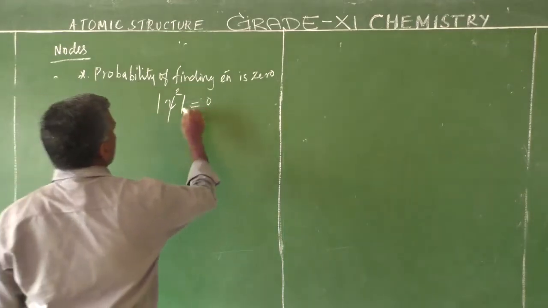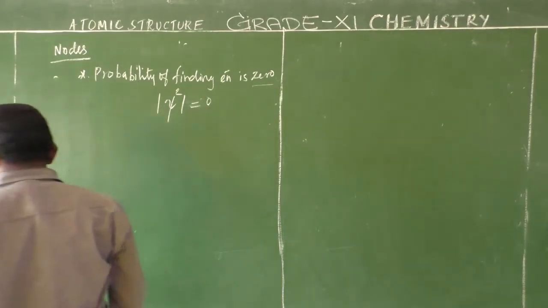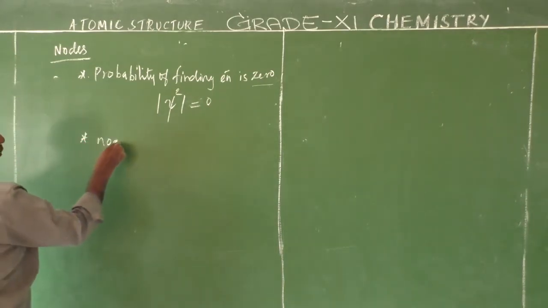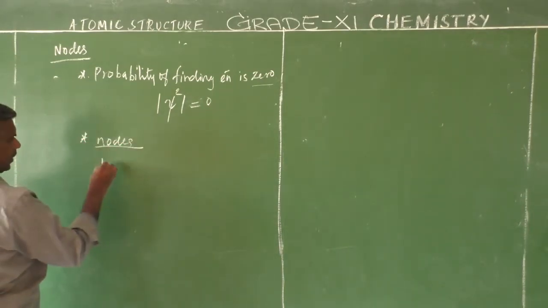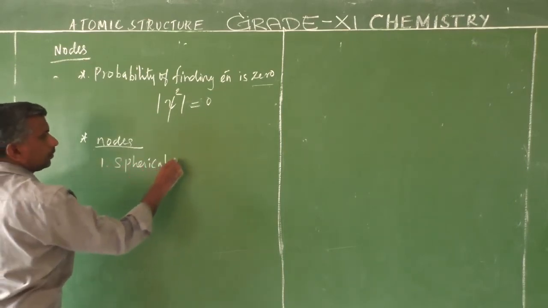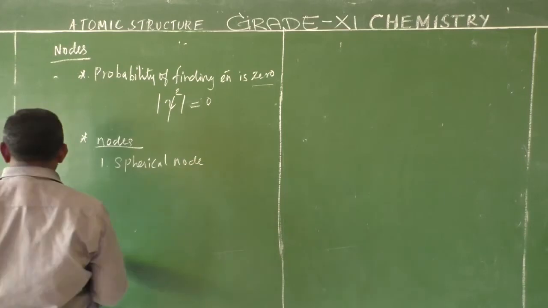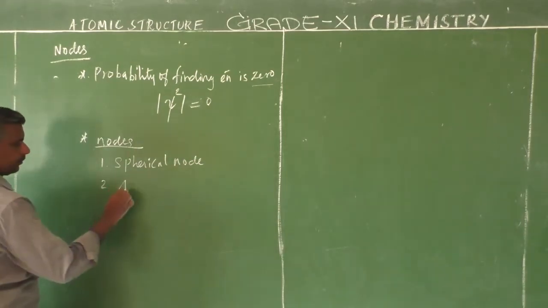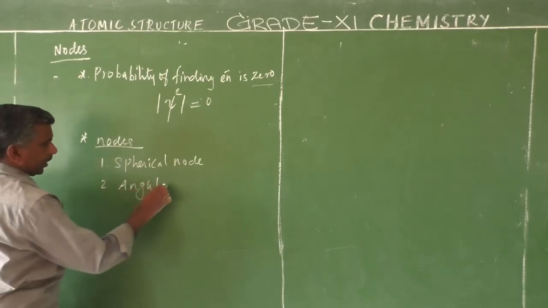That is a node, psi square equal to 0. Okay, here are two types of nodes. One is a spherical node. Second one, angular node.